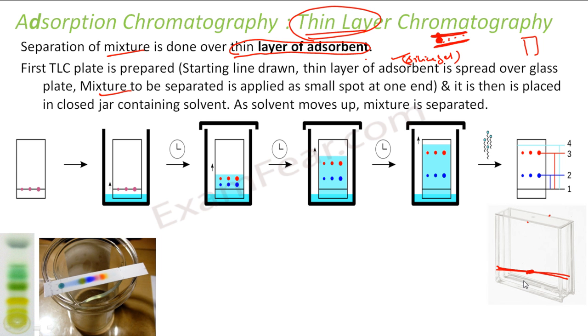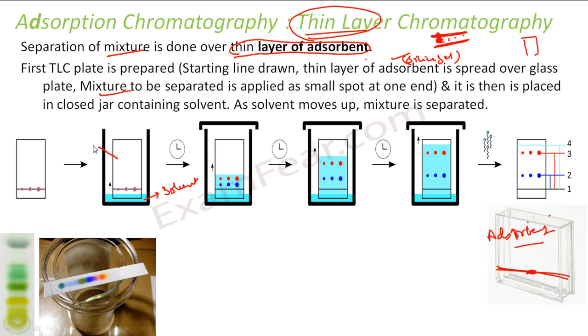So in this we have a mixture to be separated, and we have all silica gel, that is adsorbent here, correct? Now what we do is we put this in a closed jar containing a solvent. The blue one is my solvent, correct?